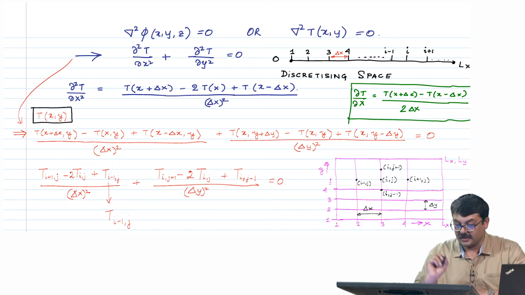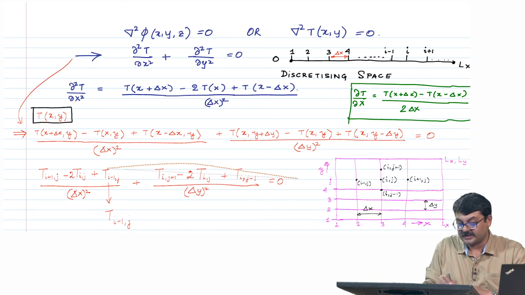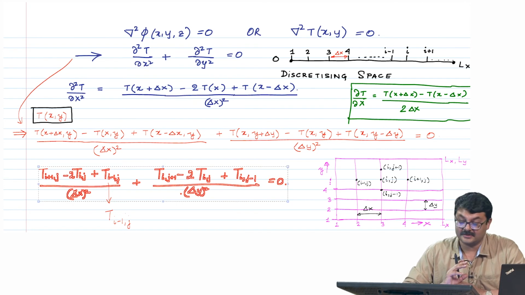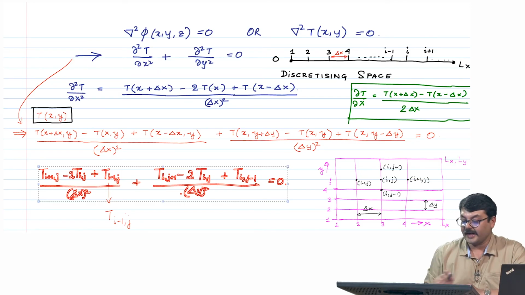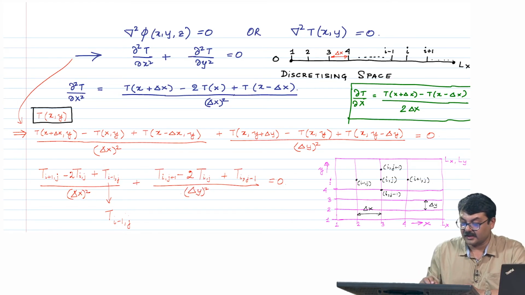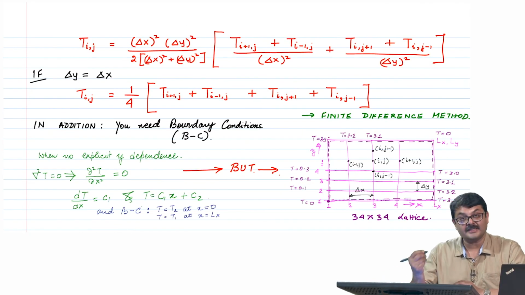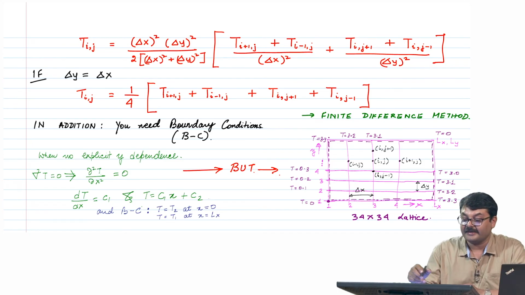So, this is your expression of the Laplacian when you have discretized it and used the finite difference expressions for it. Your aim, if you know all these different terms, is to find T i, j, the temperature at a certain point i, j.